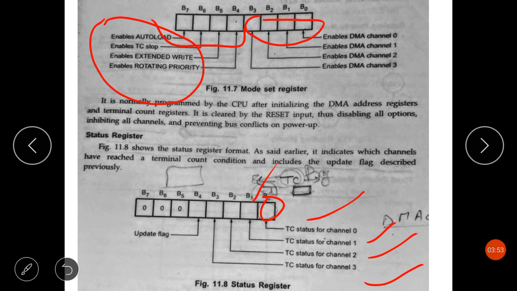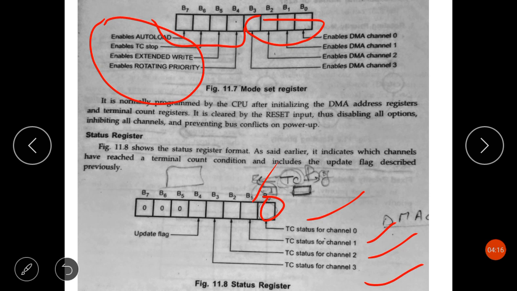If the TC status bit is 1, it indicates that the terminal count has been reached for that channel, and the terminal count bit remains set until the status register is read or the 8257 is reset.